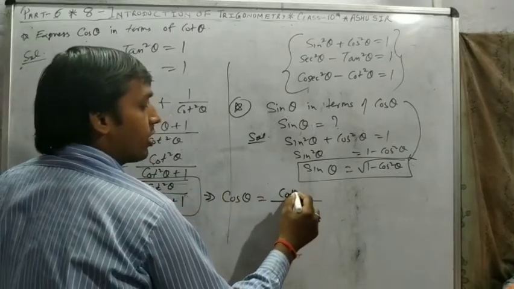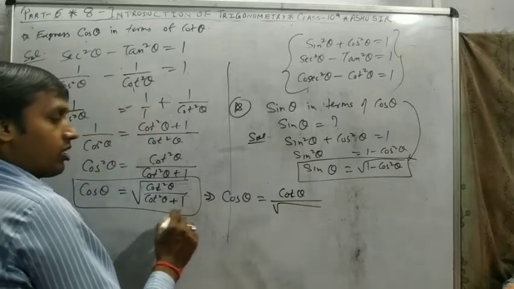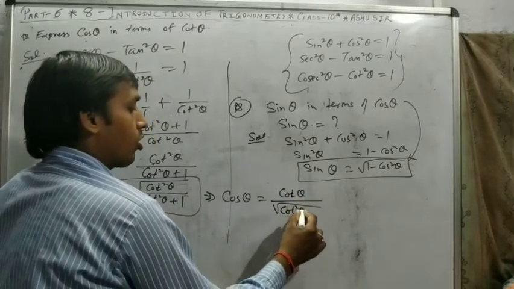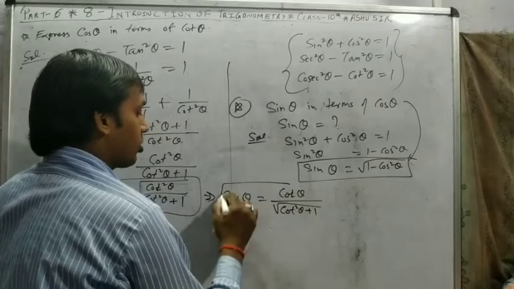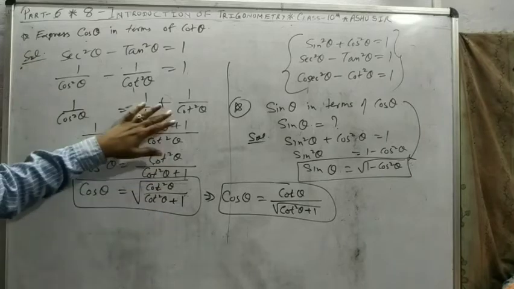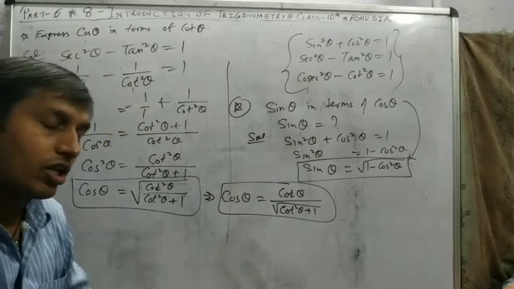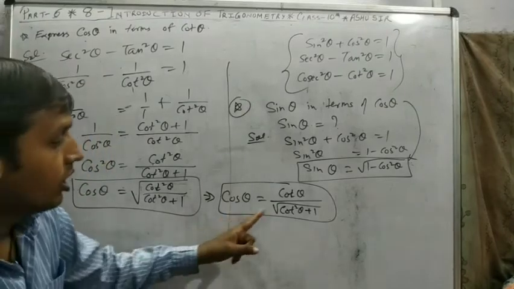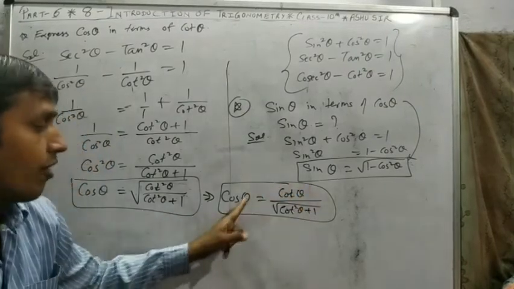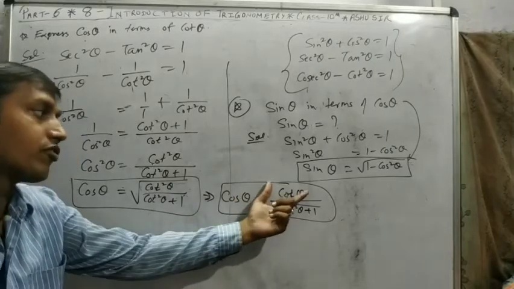So you will only get cot theta, but the denominator will not be solved, because positive and negative sign is not solved in square root. So cot theta upon square root of cot square theta plus 1 is the value of cos theta. Means express cos theta in terms of cot theta.